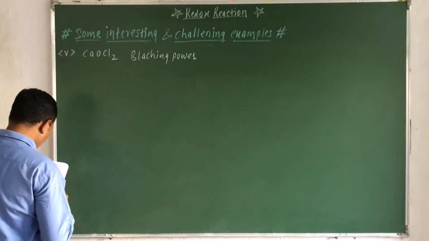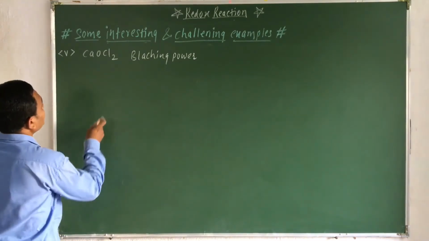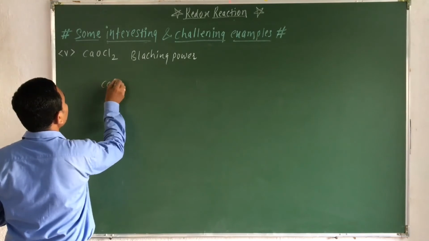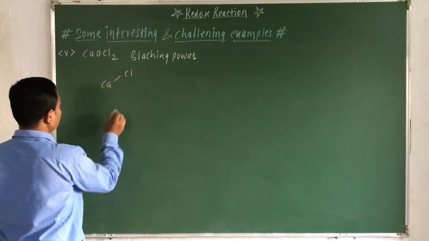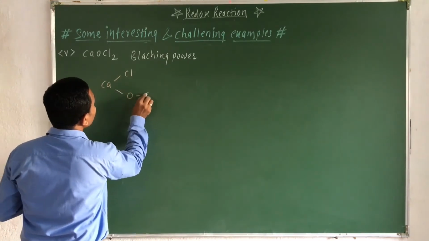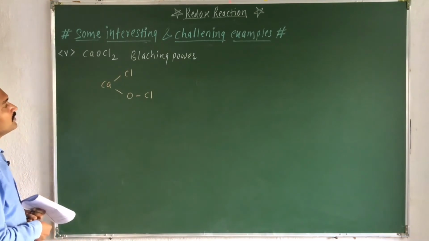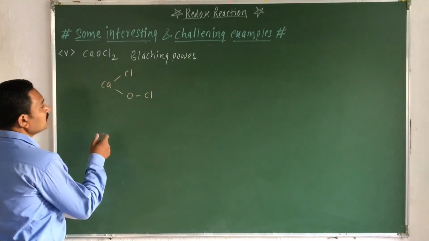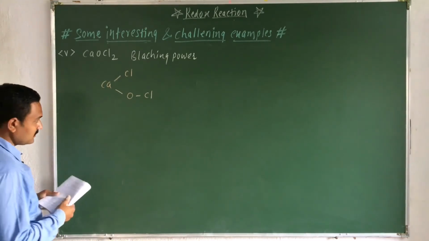Now if I am going to consider the structure for this one, that is Ca, Cl, again OCl. So this is a very simple example, but it is a little bit challenging. Now let us consider the solution of this particular example.